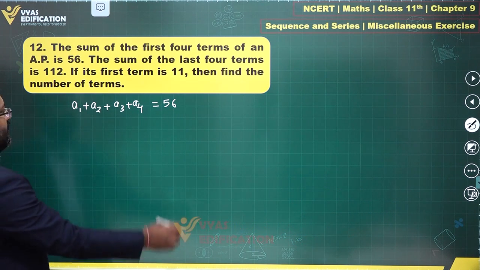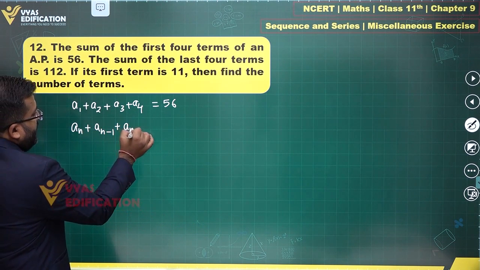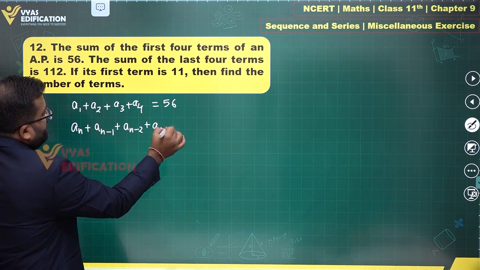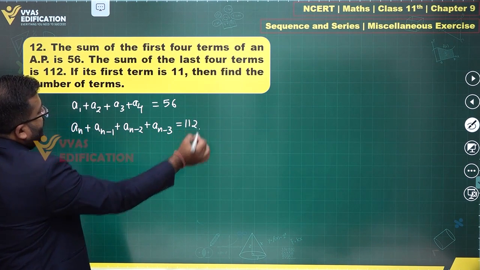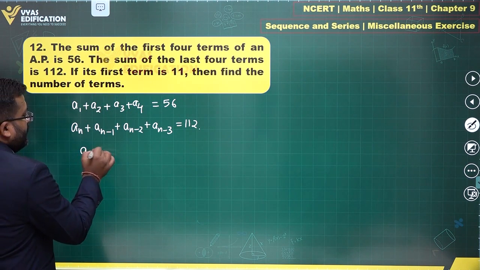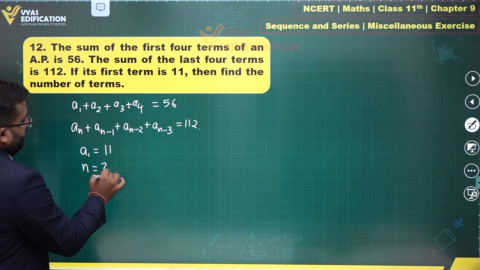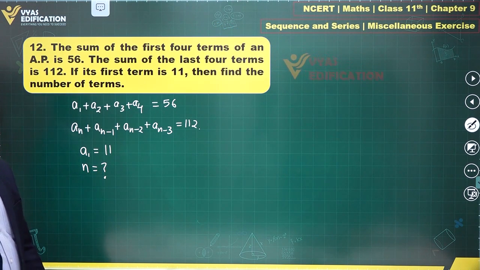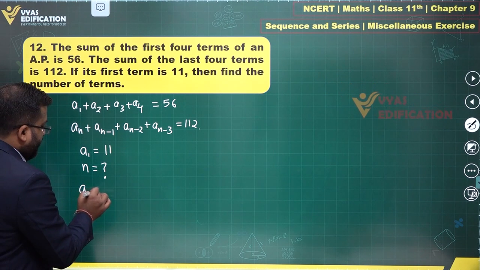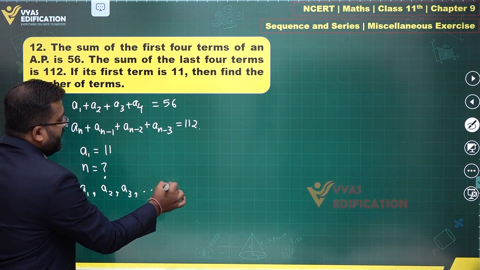Last term will be an, then an minus 1, an minus 2, an minus 3, which is 112. That's also given, right? Last 4 terms. First term is 11. a1 is equal to 11. Find the number of terms. N is equal to question mark, right? And the series is an arithmetic progression a1, a2, a3, dot dot dot, an.